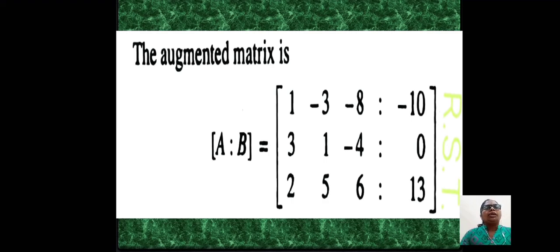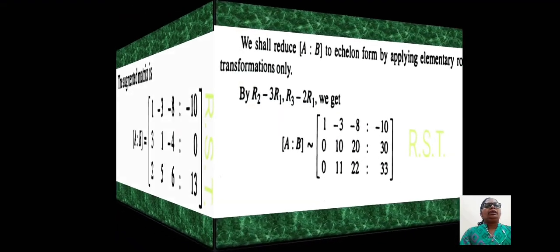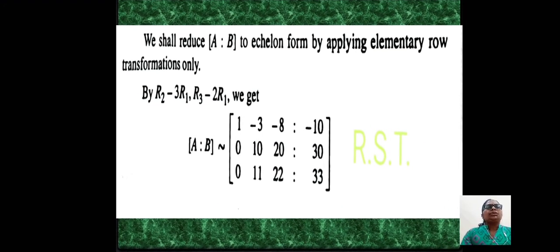That means here in the augmented matrix, A is the coefficient matrix and B, the constants on the RHS, are taken as a column: minus 10, 0, 13. We shall reduce this augmented matrix [A : B] to echelon form by applying elementary row transformations only.